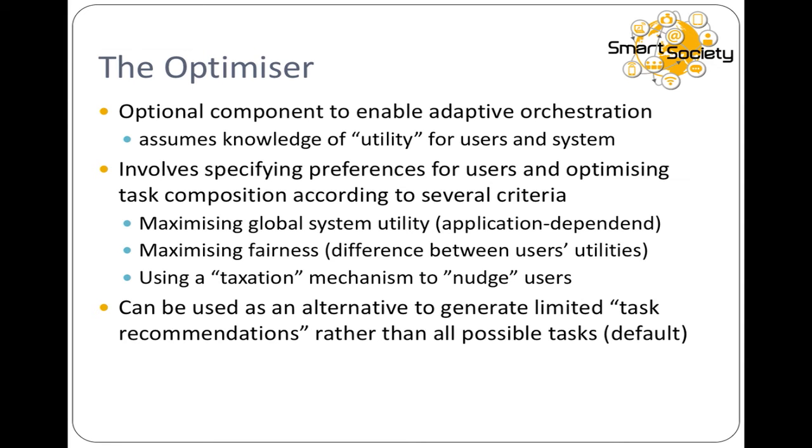So overall, this optimizer can be used as an alternative to the default, which is generating all possible tasks that come out of the matching procedure during task composition. Instead of generating all of them, here we would generate a limited number of recommended tasks that the users can choose from.